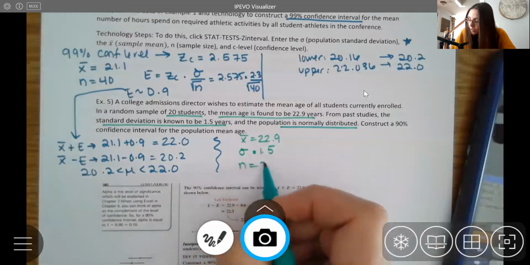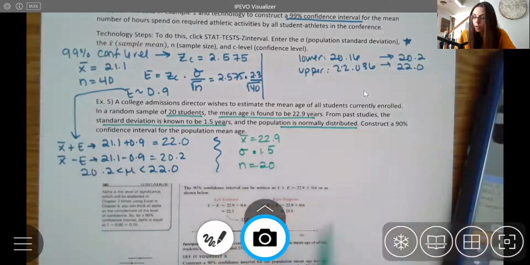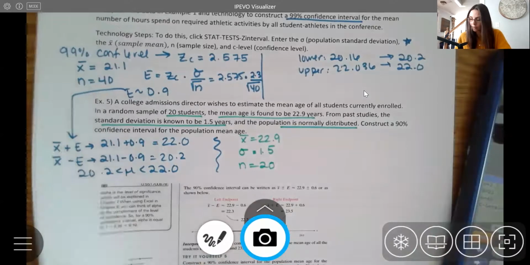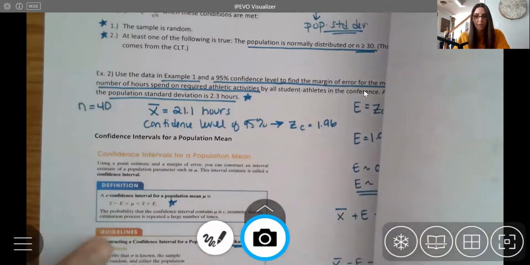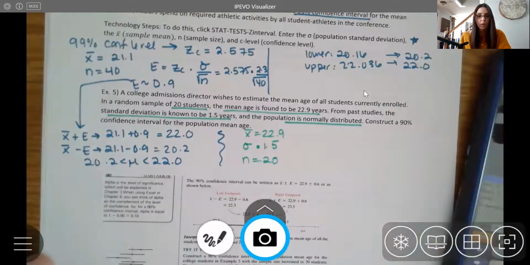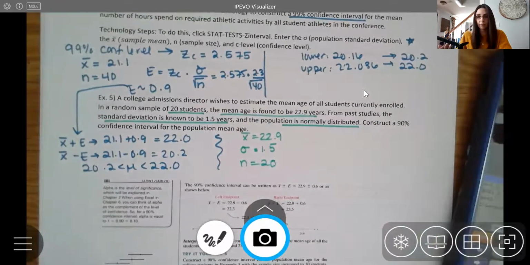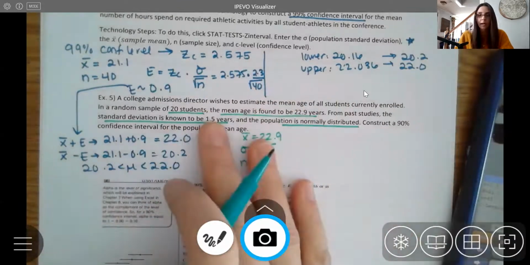Our sample size is only 20, right? So remember your requirements. If it's less than 30, then the population has to be normal, or you can't use this formula at all. So you just want to be careful. And again, it's kind of written again here on the guidelines at the bottom of the page before. So you do need to make sure that we have a random sample, which again, we're going to assume this was done correctly here.